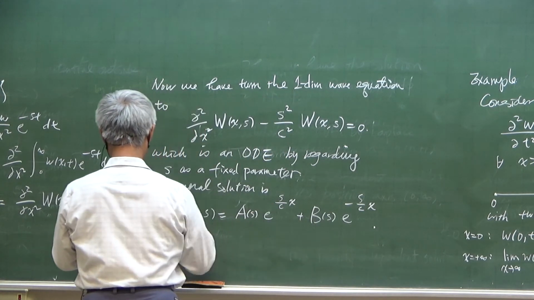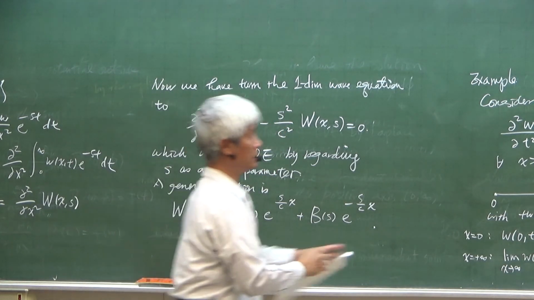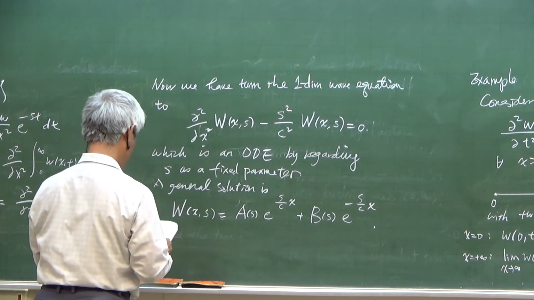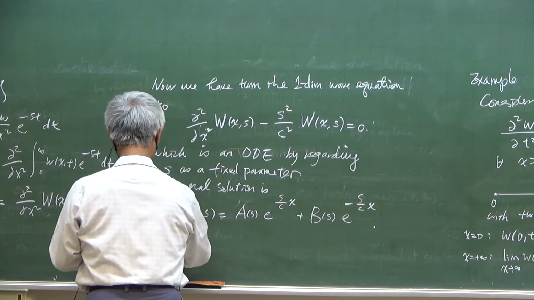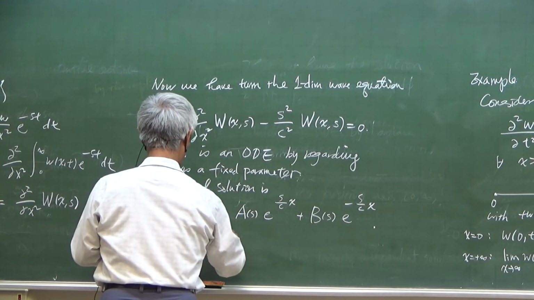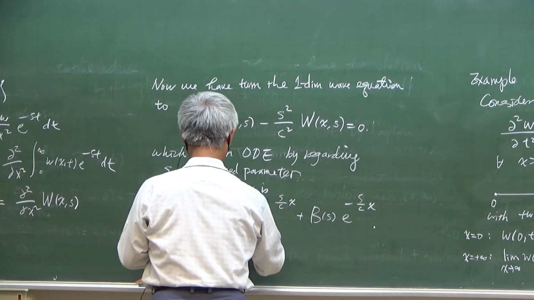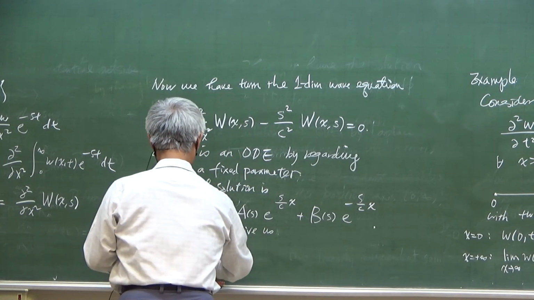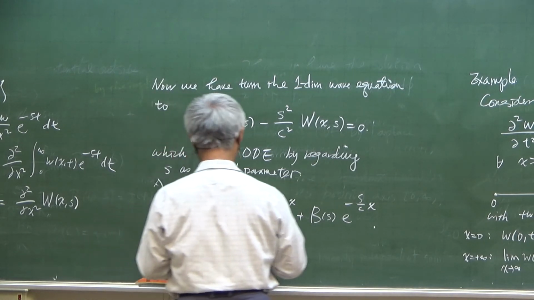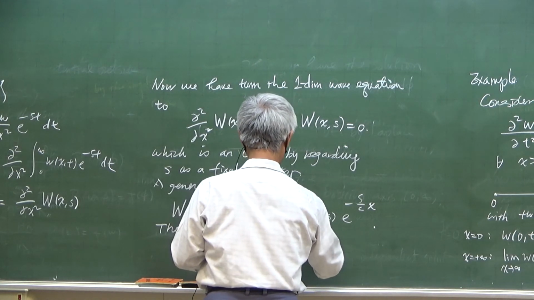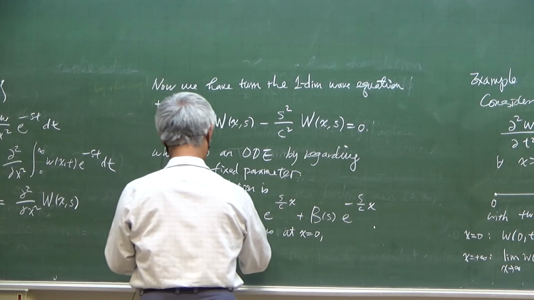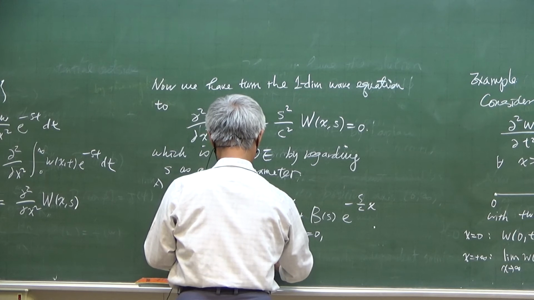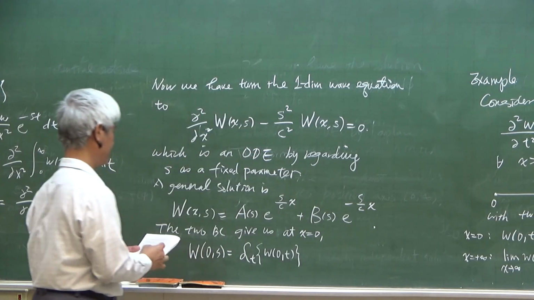Now we have used the two initial conditions here, but haven't used the boundary conditions. So here is the place we have to use the boundary conditions. The two boundary conditions give us, at x equal to 0, w(0, t) equals f of t.